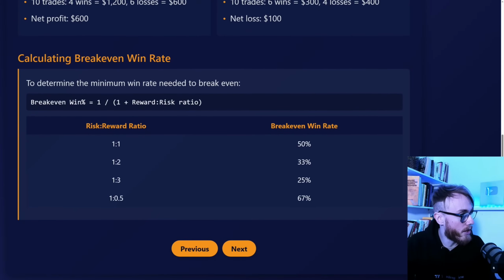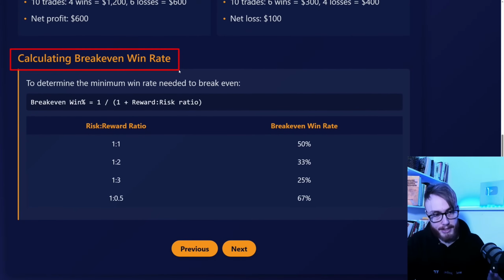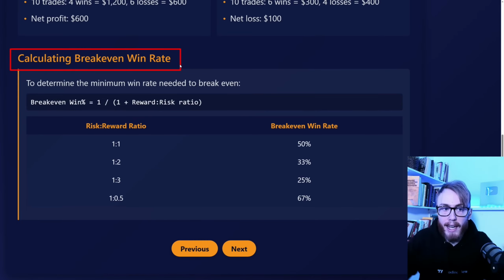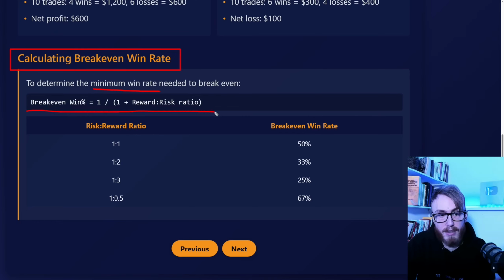Now I want to turn the attention to something very important, and this is calculating the break-even win rate. To determine the minimum win rate we need to break even, we can use this formula right here. It's not super important to learn the formula, but I hope this can give a good intuition.